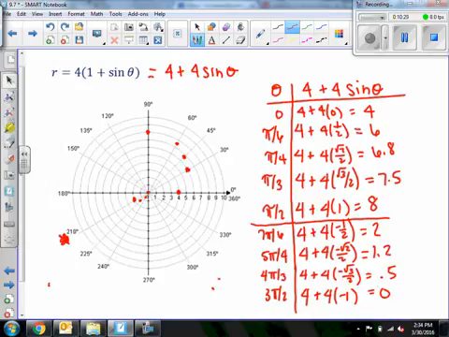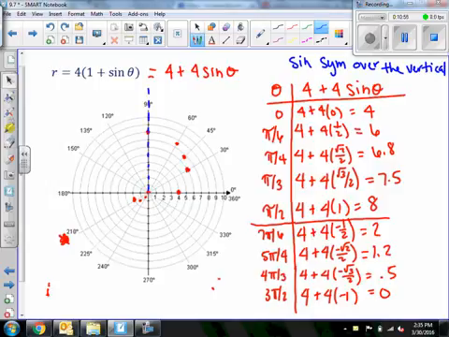And this may look kind of crazy, but the thing about sine is that we know, well, we don't know yet, but you're going to know a special case. Cosine was symmetric about the x-axis. Sine will have symmetry over the vertical axis. So what that means is I can actually take this and imagine if I folded it right over this horizontal axis here.